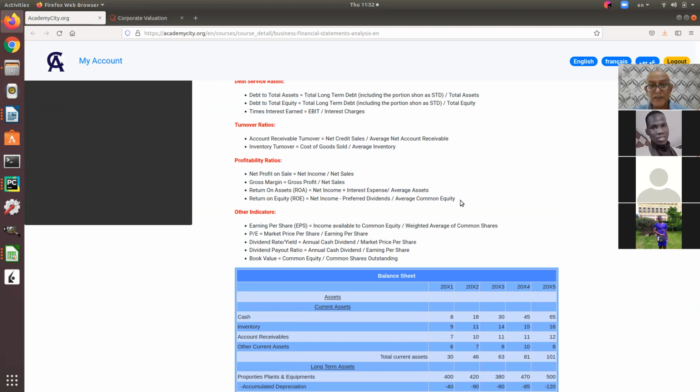The second one looks more specifically at how much is really the profitability of the equity owners. And usually I look at the common stock versus preferred stock. I remove different types of stock such as preferred stock.